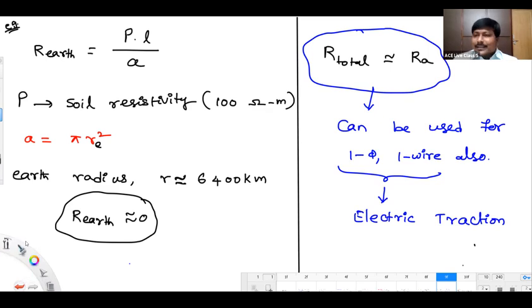So this is sufficient to know about the resistance calculation. We don't generally get a question on resistance calculation. We used to get questions on inductance and capacitance calculations most of the times. Let's put concentration on those calculations mainly.